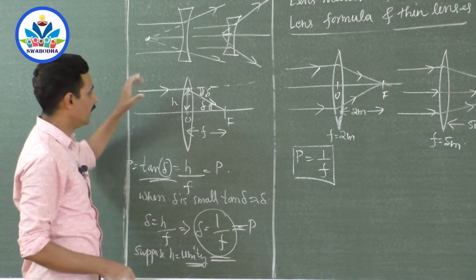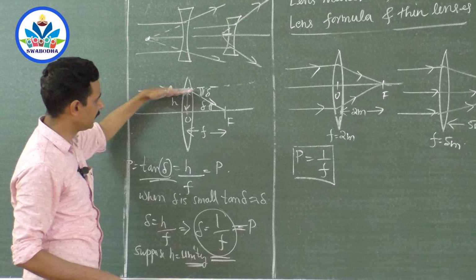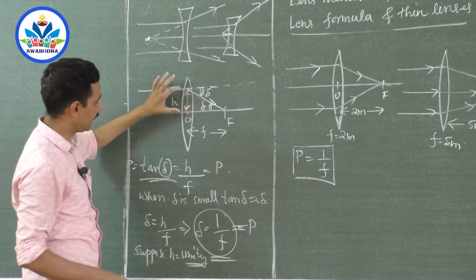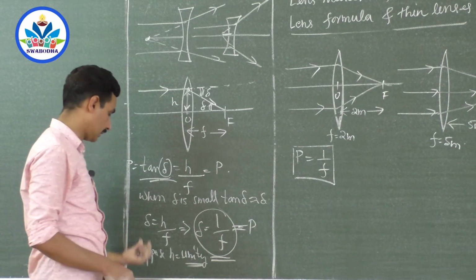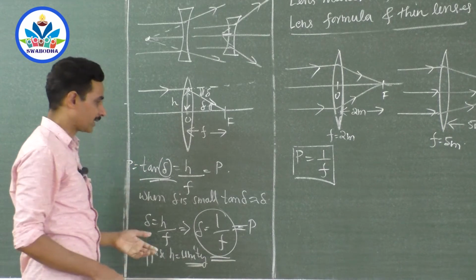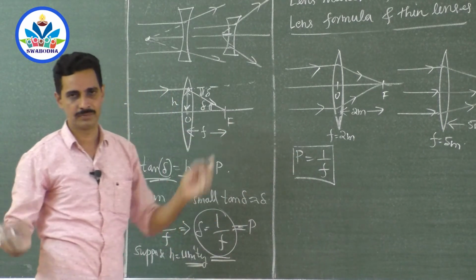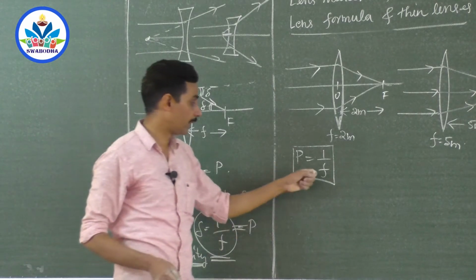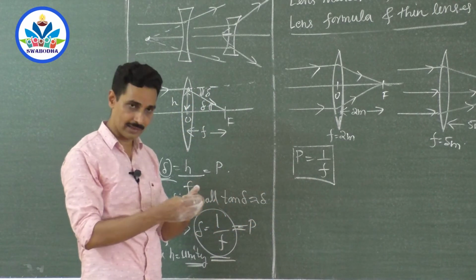Again I repeat, tangent of the angle through which a parallel beam of light is bent at a unit distance from the optic center is called power, or simply, if you want to define, it is the reciprocal of focal length. That's all. Now, so more the power, lesser will be the focal length. It is focused very quickly, very early.